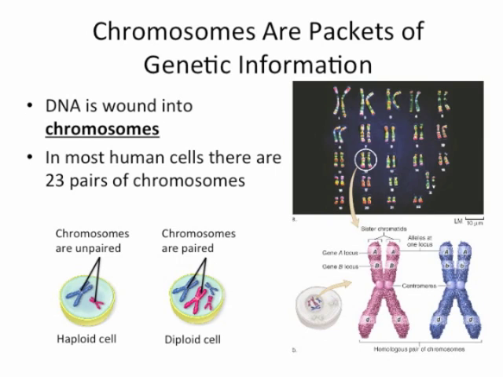So DNA is wound into chromosomes by wrapping DNA around histones. A chromosome is a packet of DNA. That DNA on a chromosome contains many, many genes. In most human cells, there are 23 pairs of these. Again, that number varies.